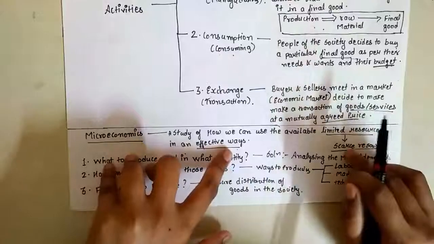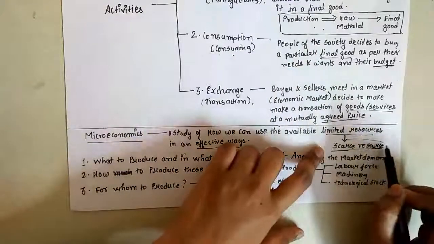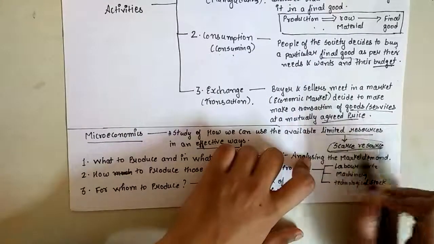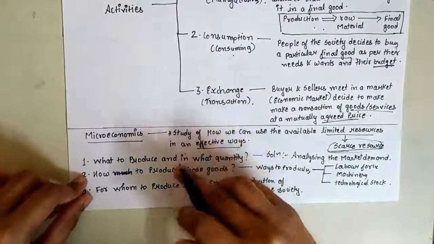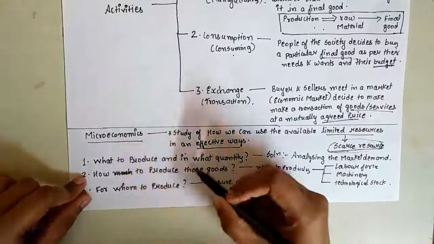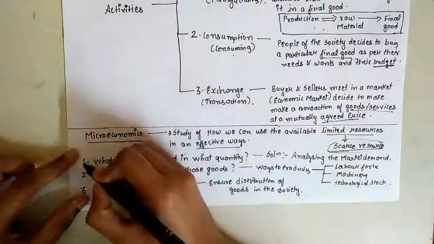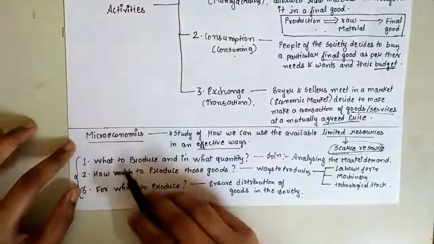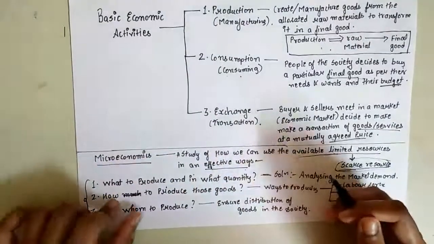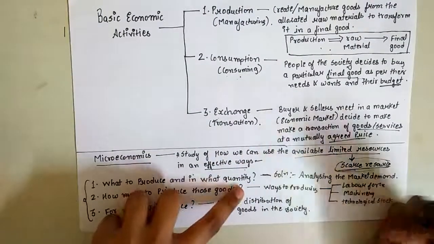But to use these scarce resources effectively, we need to get the answers to these three important production related questions. First is what to produce and in what quantity.